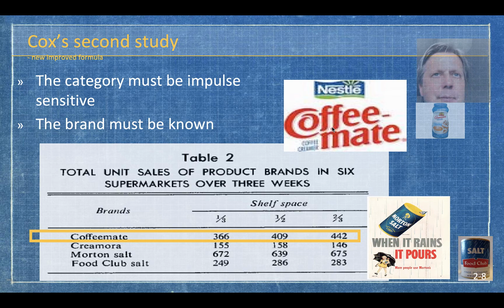So Cox concluded from these early studies that the category must be impulse sensitive and the brand must be known or performing well. And this has been incorporated in most of the planograms or planogram software that companies use. And I should perhaps mention that planograms are used by basically all brands.